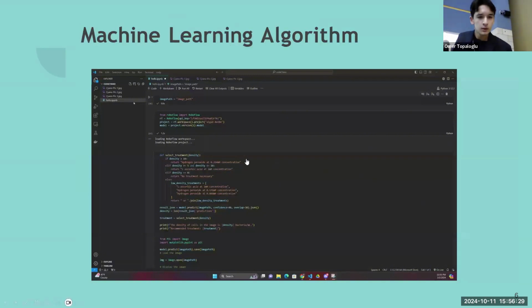Okay, so let's see if this works. It's not projecting onto the screen. What's going on? It's not projecting there.